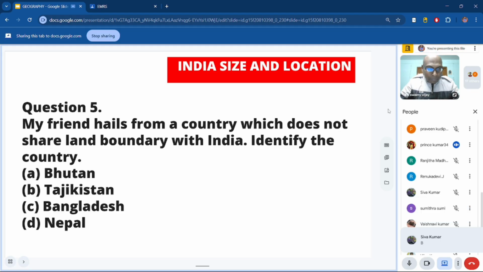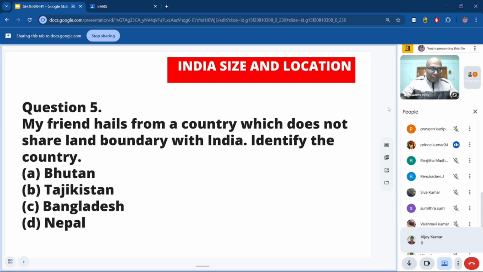Screen visible? Prince, can you see the screen or not? Yes, sir. I'm not getting the screen. Okay, the internet speed must be slow. Okay, no problem. It is good, sir. Let me find out.